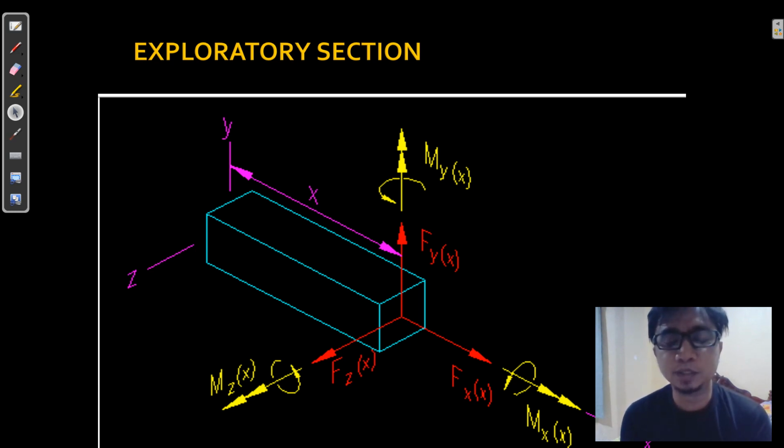The effect of tensile is stretching, and the effect of compression is shortening the body.